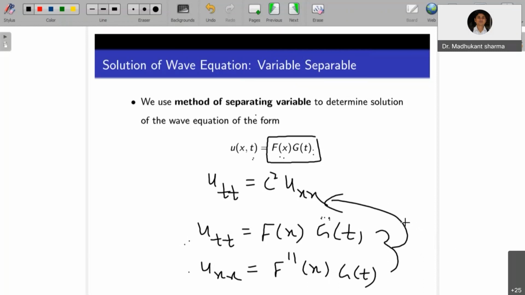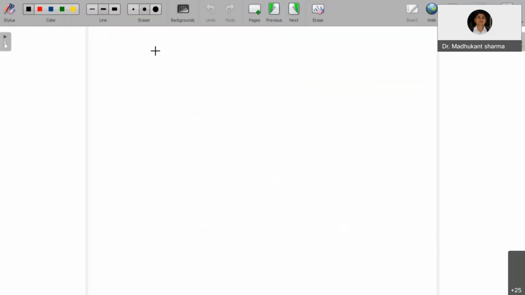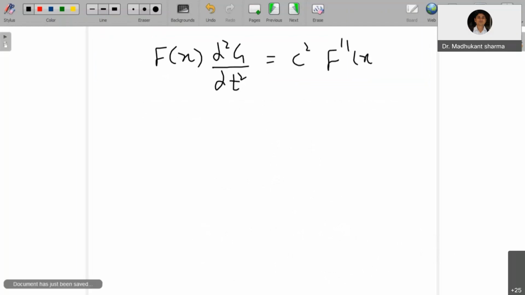If you substitute here, utt equals c square uxx. So utt was f of x times d square g by dt square, which equals c square times f double dash of x times g of t.